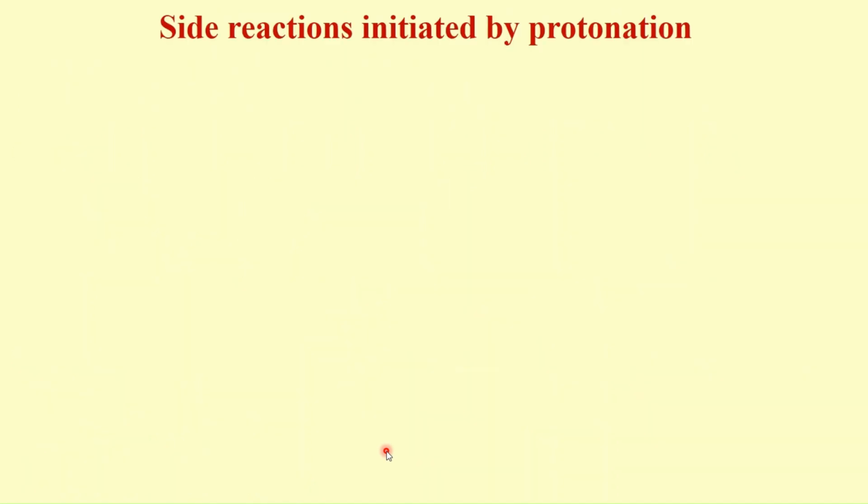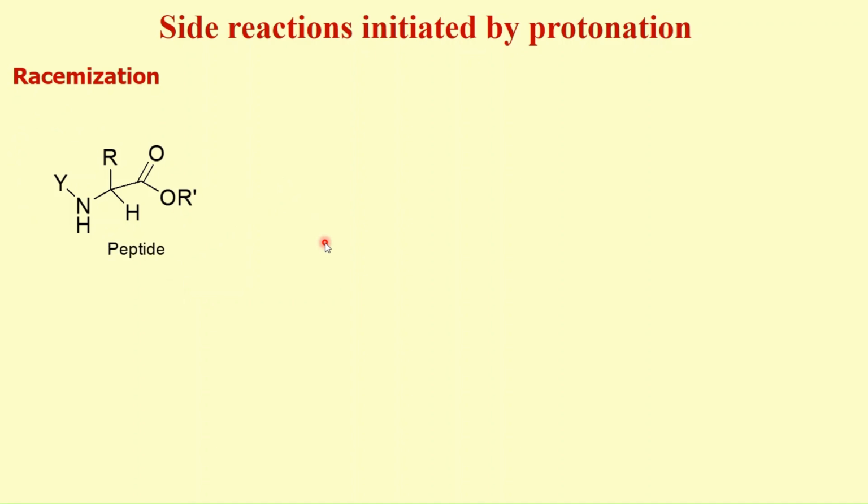As we know, protonation leads to racemization. When there is a peptide, during the acidic environment in the presence of H plus, the carbonyl oxygen gets protonated. This acts as an electrophile.